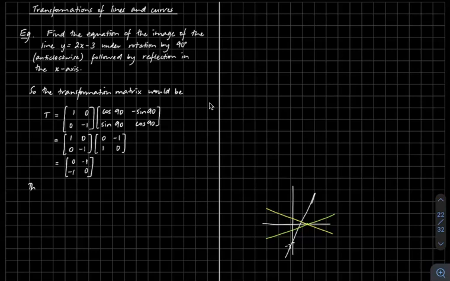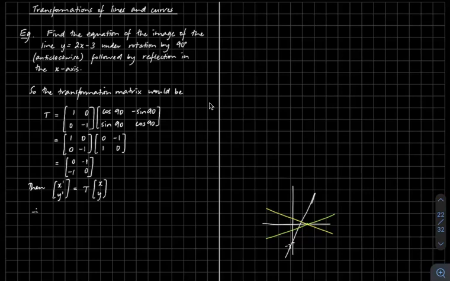Therefore, we could say the image point x dash, y dash for any point on that line is equal to T times x, y.